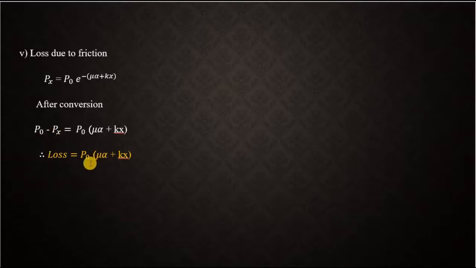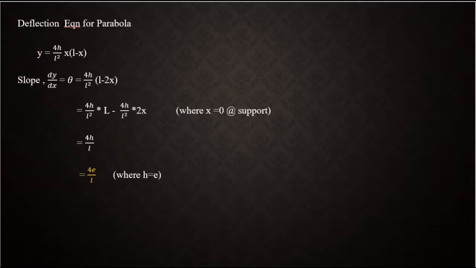So loss equals P naught (mu alpha plus Kx) is the formula for friction. Now we should find out if anything is unknown, and for those things we should use a formula. What kind of formula do we use?